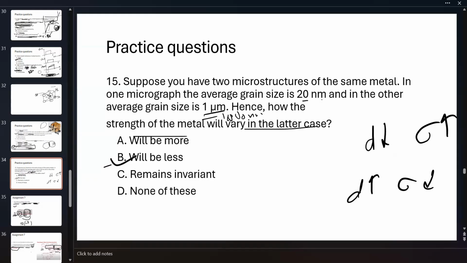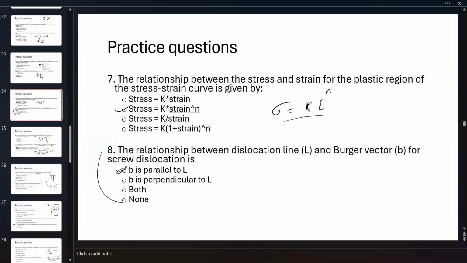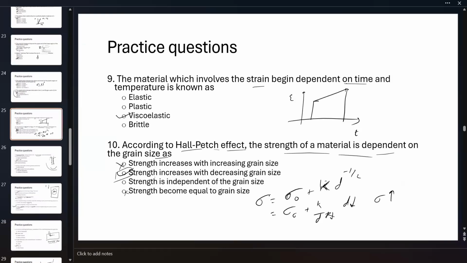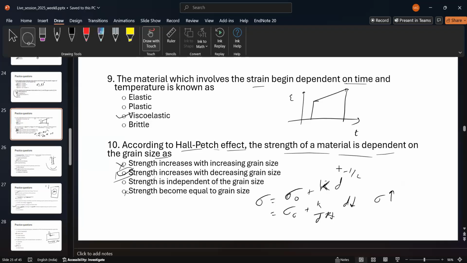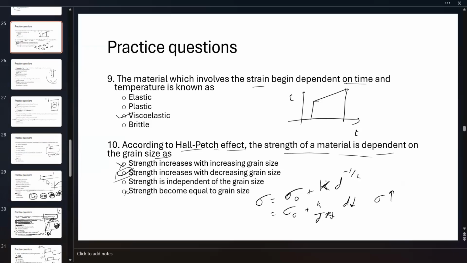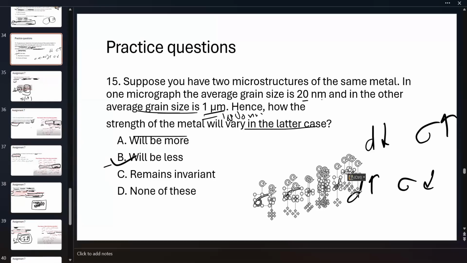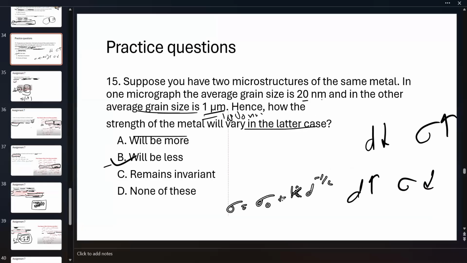According to the Hall-Petch equation, this one has a larger size, so D is larger.